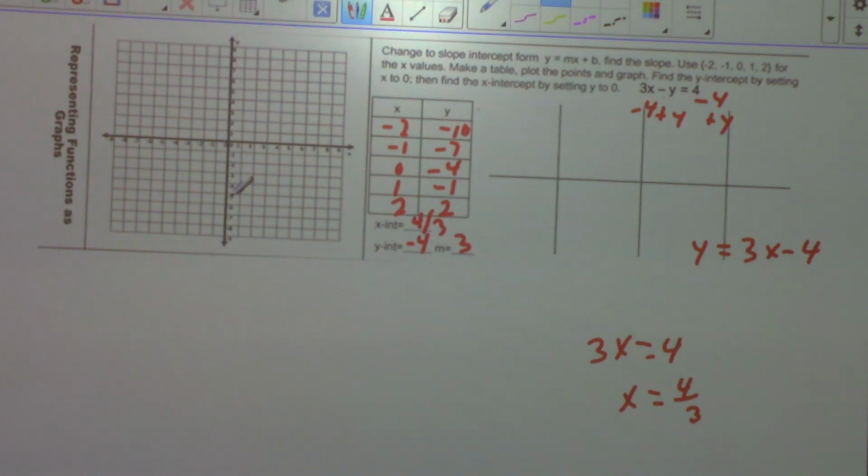We go to -4, and then we're going up here like this to 1, let's see, 1 comma -1, right? And then 2 comma 2. Wait a second, here's 4, I got it wrong here, this is it. So it's going to look like this, right? But it's going to be a prettier line than that.